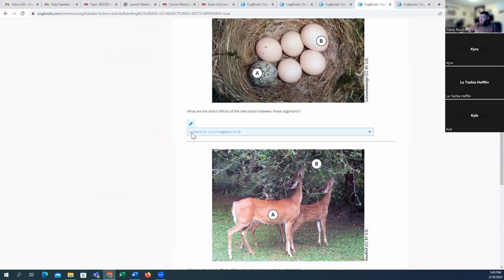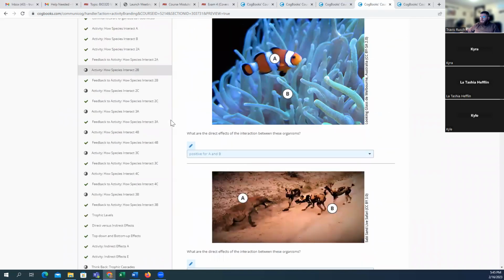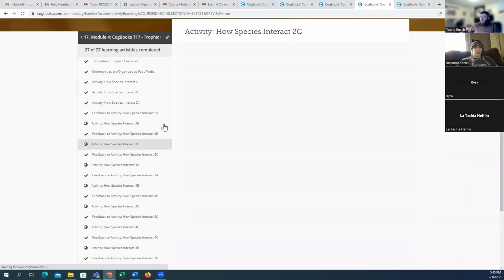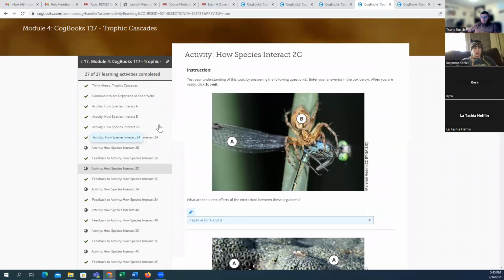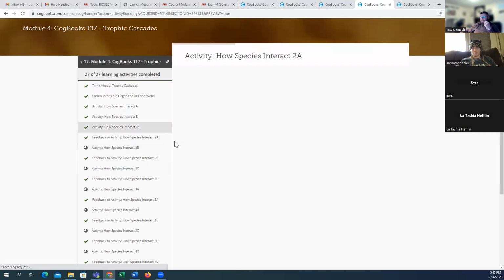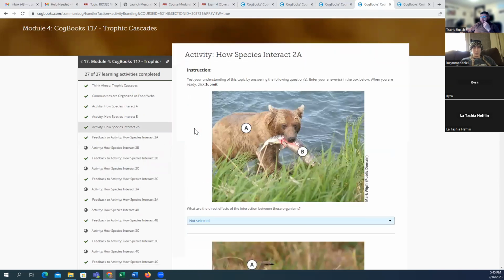We already talked about all of these. I did have a question about the hippo one. Sure. I know that it's competition, but in one of these it said if the species increases and what would happen to the other one, and I was like kind of, well, they're the same species, so that didn't make sense. That's a very fair point.